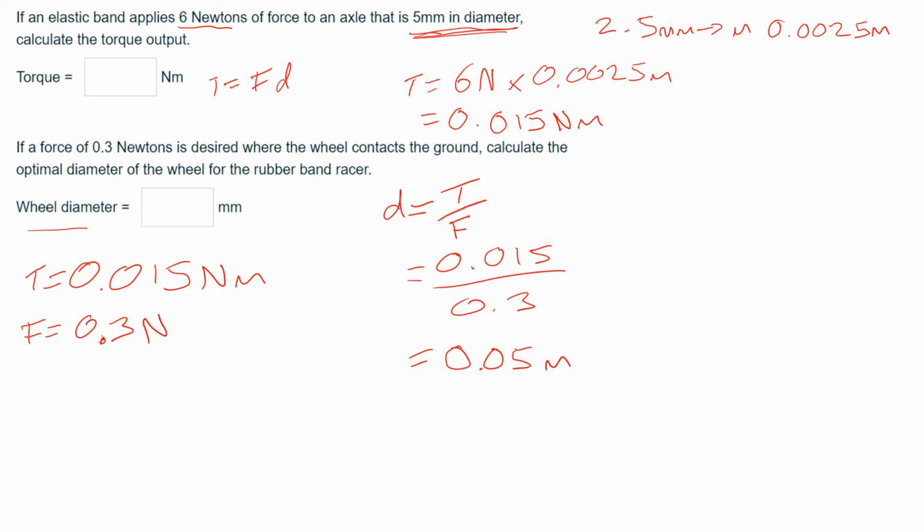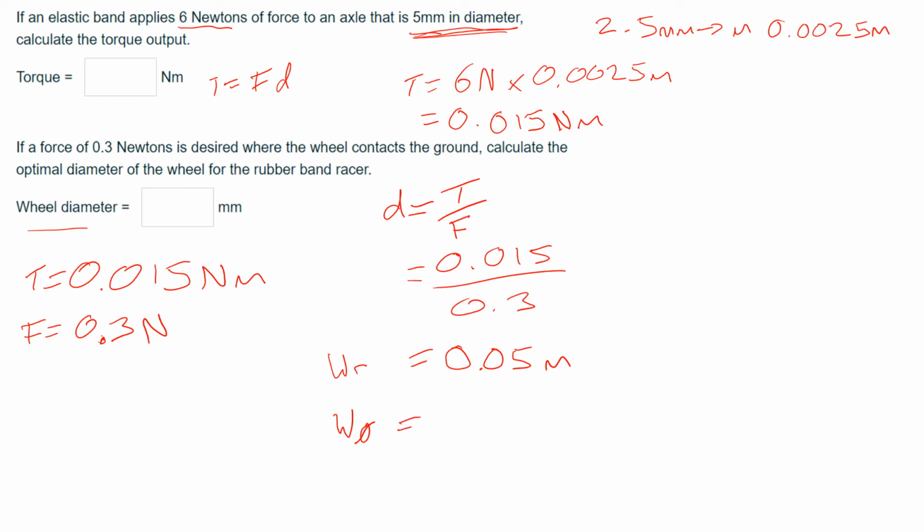All right, so again, that is our radius, and we need to convert that to a diameter for our answer, and then we want it to be in millimeters. So let's deal with it being the diameter first. So this is the radius of the wheel, and we want the diameter of the wheel.